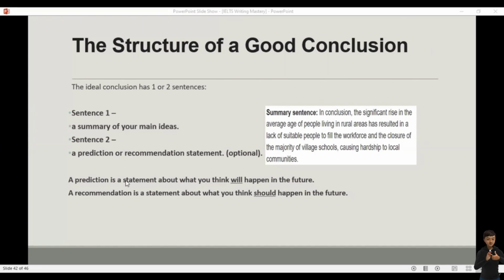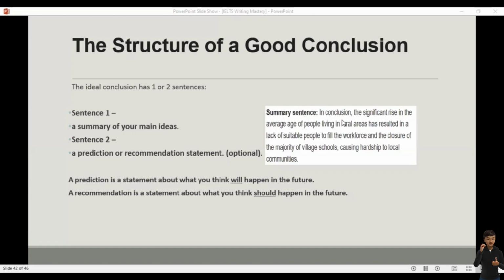So now let's look at the prediction statement and what the basic difference is. A prediction is a statement about what you think will happen in the future, and a recommendation is a statement about what you think should happen in the future. Okay, so this is the optional one. But in the summary, you can see what else we have done. This is simply the paraphrasing of your introduction, because here we have again written about our two supporting ideas, right?